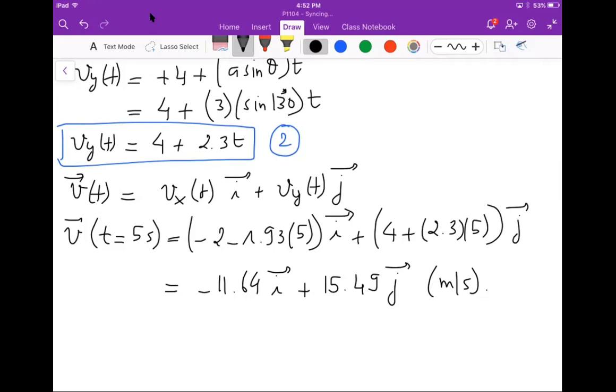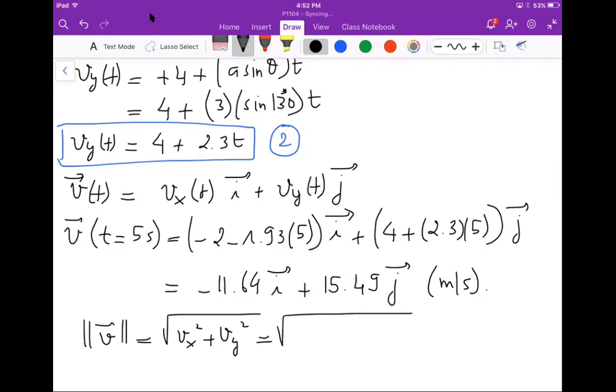We can, for example, deduce the modulus or the magnitude of this vector, which is given by the square root of Vx squared plus Vy squared. That gives us the square root of minus 11.64 squared plus 15.49 squared, and that gives the value 19.4 meters per second. Okay.